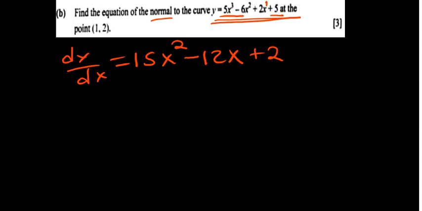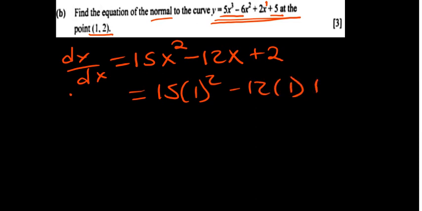Now we're trying to find the gradient at that point, so we need to plug in the value of x that we've been given. It's 1. So 1 squared is 1. What are you going to have? 15 minus 12 is 3, 3 plus 2, you have a 5. So this is the gradient of the curve at that point.